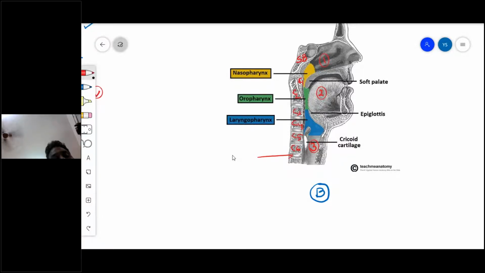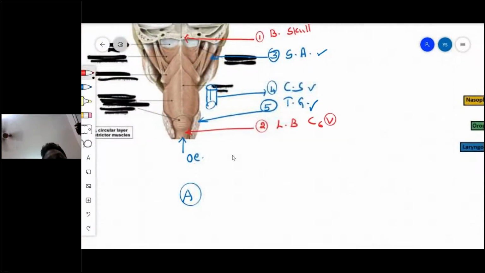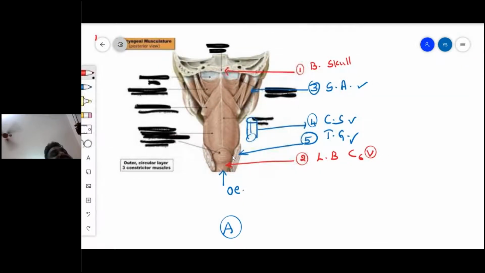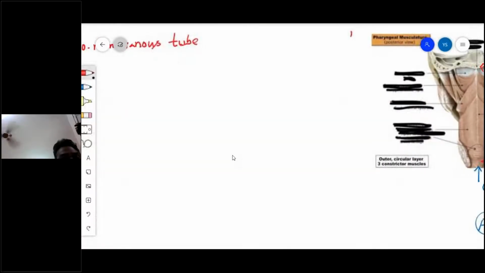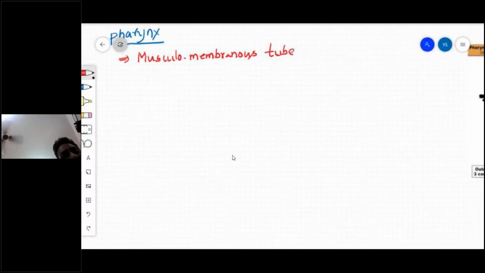In picture A, we can see the lateral relations of the pharynx: 3, the styloid apparatus, 4, the carotid sheath, and 5, the lateral lobe of the thyroid gland. So this is about the extent and the relations of the pharynx.